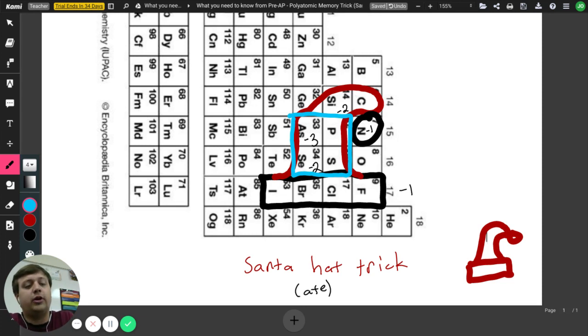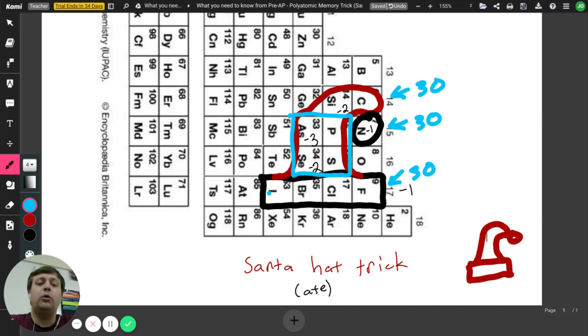Okay, so if I'm talking about either fluorine, chlorine, bromine, iodine, silicon, carbon, or nitrogen, they're all going to have 3 oxygen. Okay, well, what about those ones in the middle? Well, those 4 in the middle have 4 oxygen.